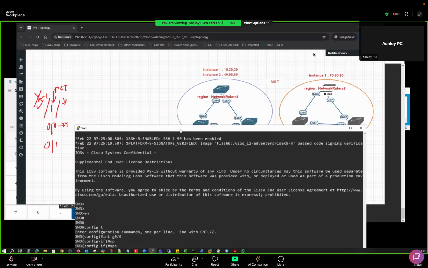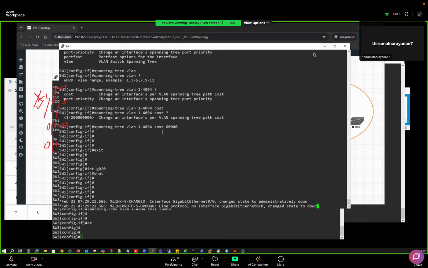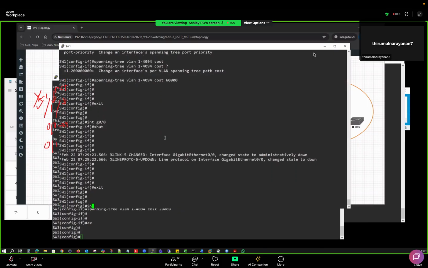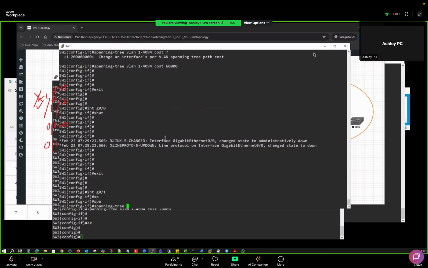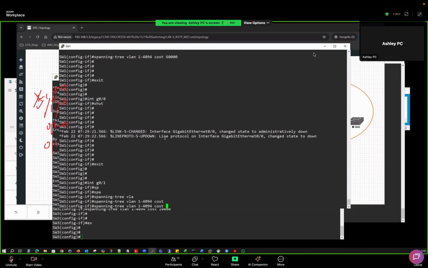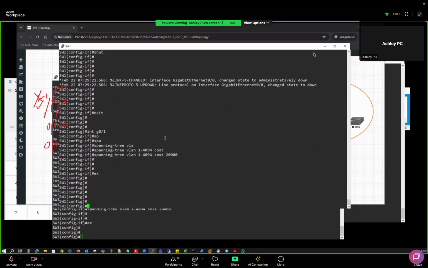Switch 1 gig 0/1. Interface gig 0/1 spanning tree over the VLAN, because we are running that MST over there. Right? What is the cost, guys? Normal 20,000. Yes or no? Makes sense? Yes or no?